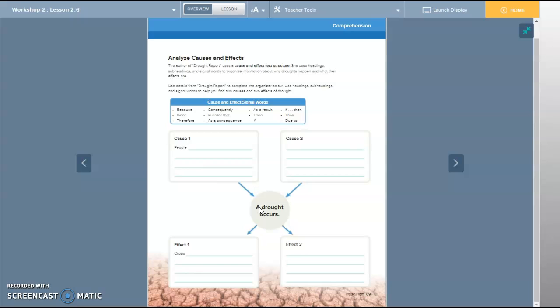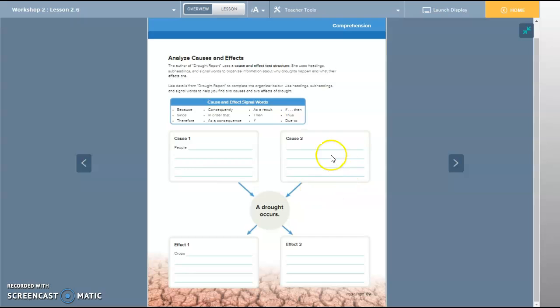Use headings, subheadings, and signal words to help you find 2 causes and 2 effects of drought. Cause and effect signal words: because, since, therefore. Cause 1, cause 2, effect 1, effect 2.